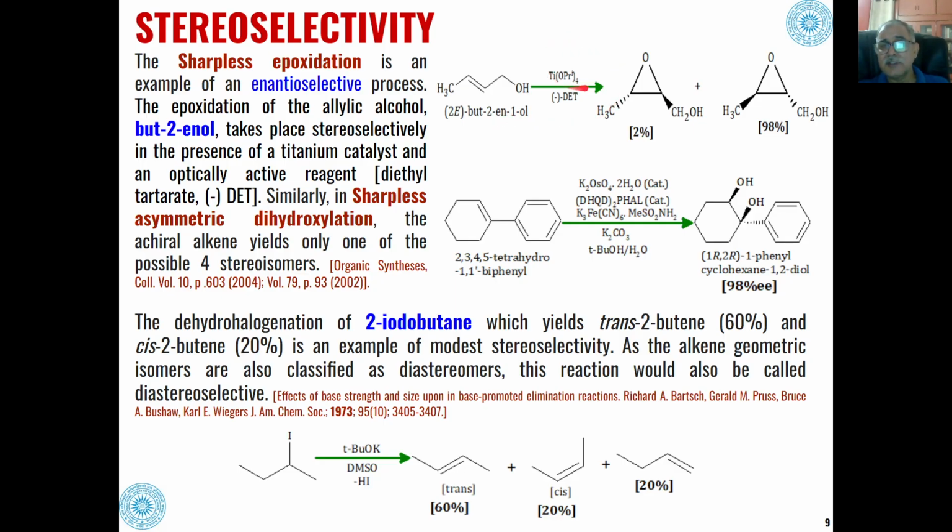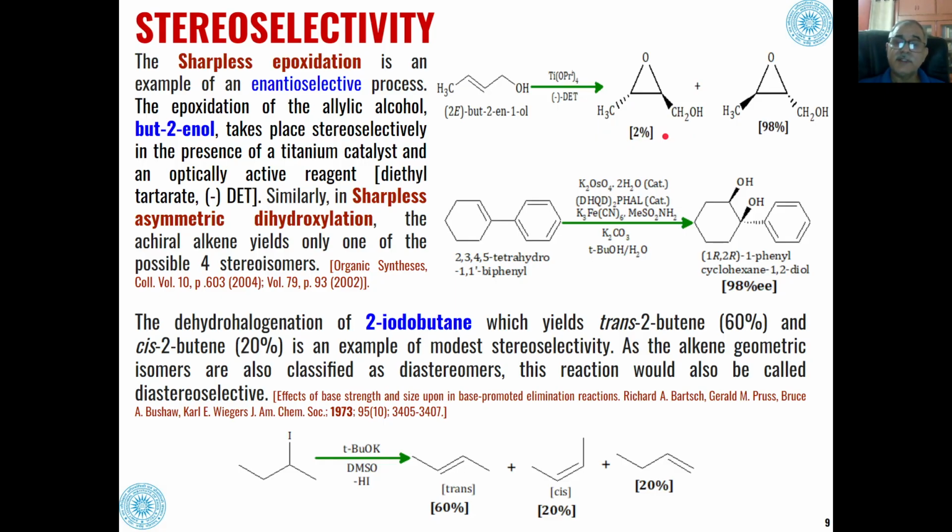When this is reacted with titanium tetraisopropoxide in the presence of this optically active reagent diethyl tartrate, this can lead to the formation of these two enantiomers, and you can see that out of these two, one enantiomer is formed in 98% amount, and this enantiomer is formed in 2% amount.